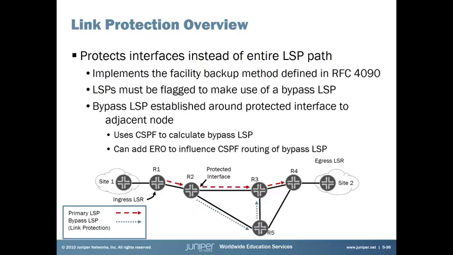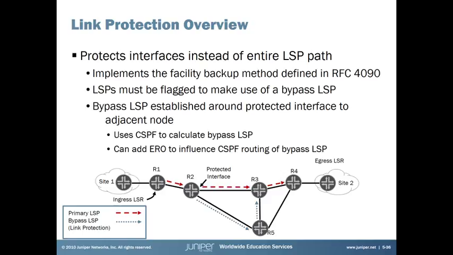So this is referred to in the RFC as the facility backup method. You have to flag the LSPs to make use of the bypass label switched path. So you create the bypass and then you flag certain LSPs that you want to be protected by it.